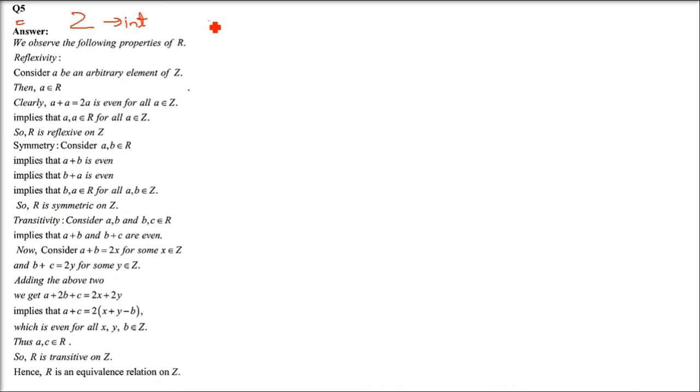So here the set is Z, which is integers. The relation is R equals (a, b), where a, b belong to Z and a plus b is even. So Z is integers and we have to see whether it is an equivalence relation or not.